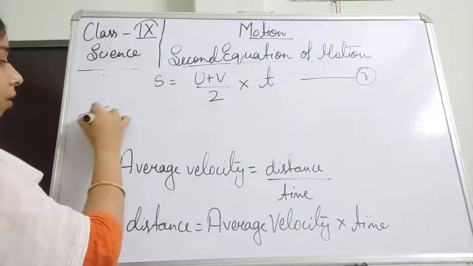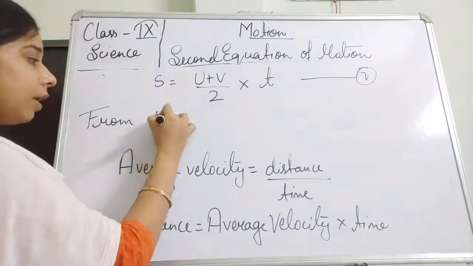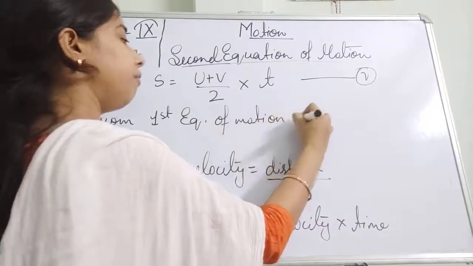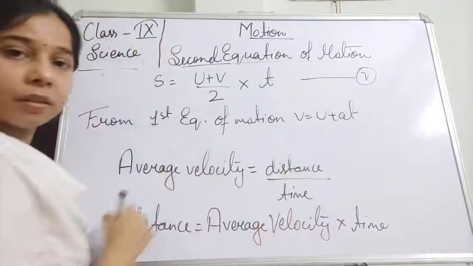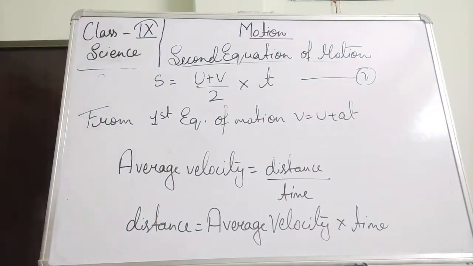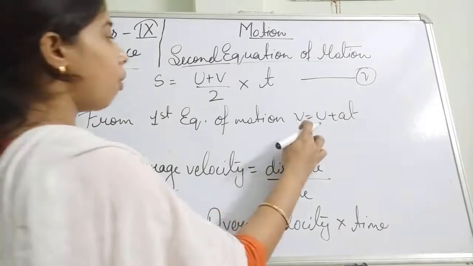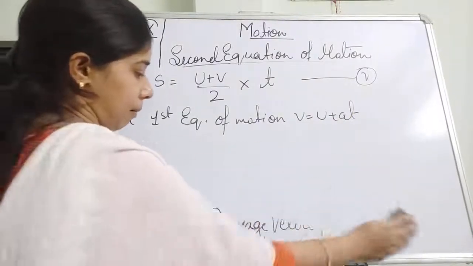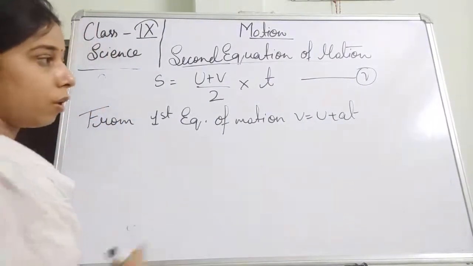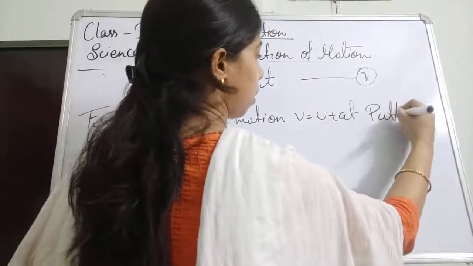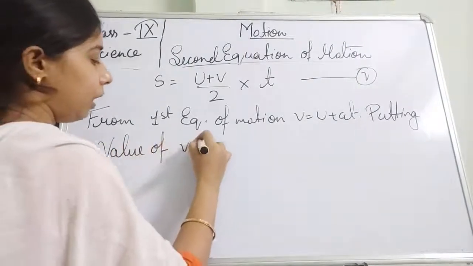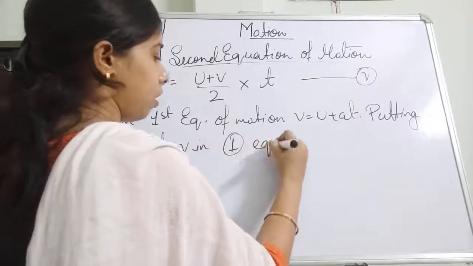Now from the first equation of motion, we know that v is equal to u plus at. Right? So here we can put the value of v in this equation.